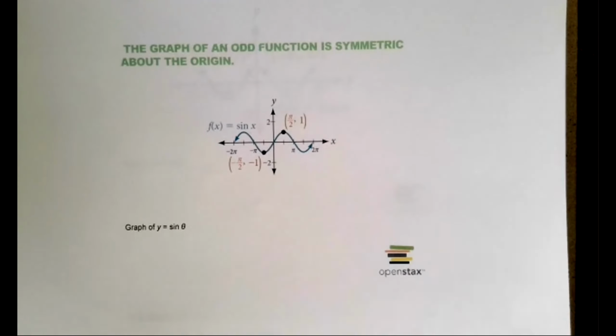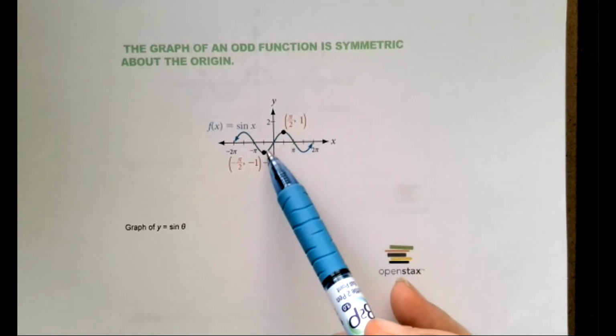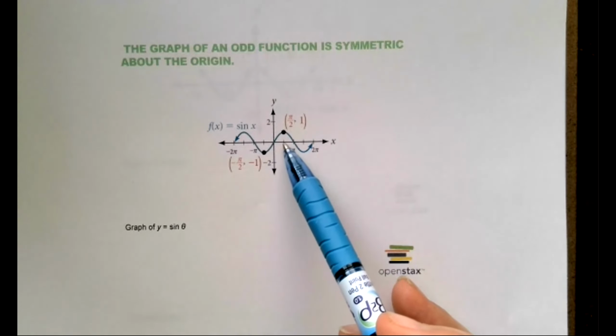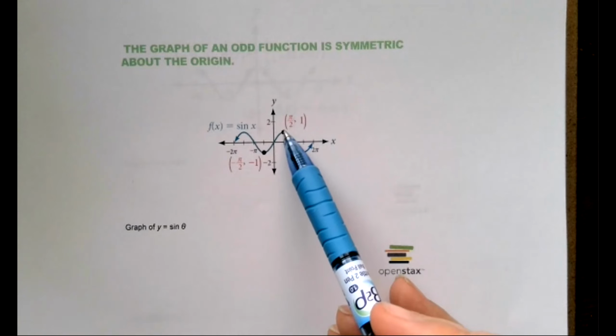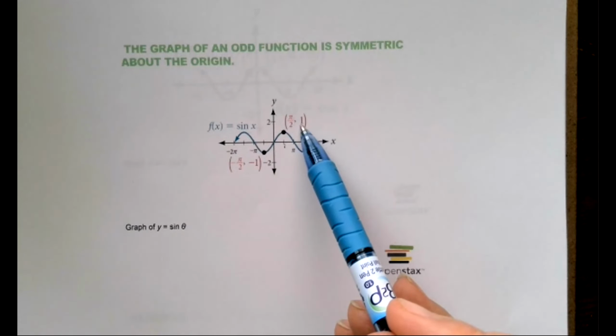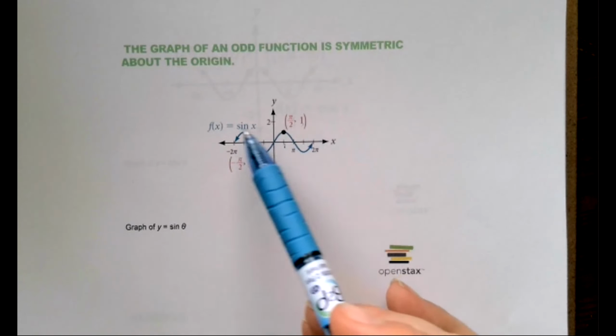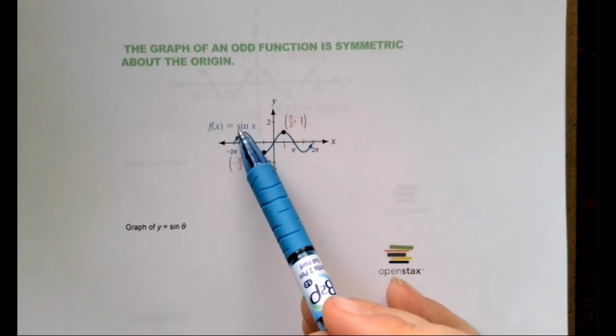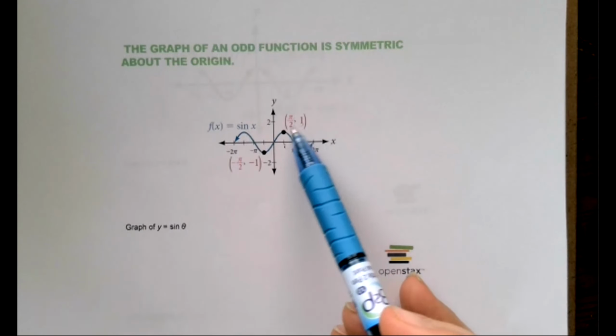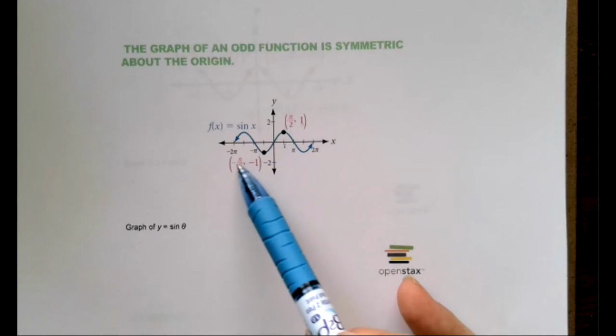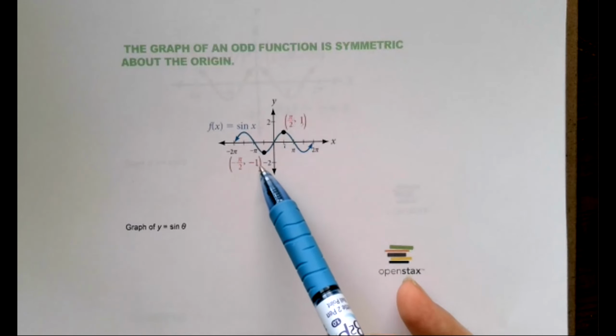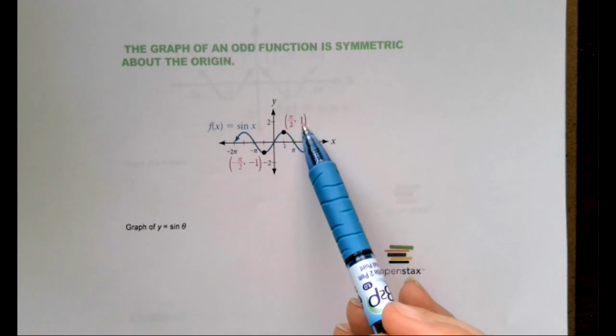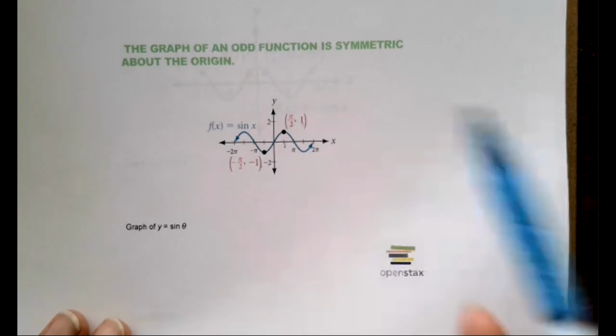What does that mean on the graph? So we see that here the input is pi over 2, so the output is positive 1 for the function sine of x. Now, if we change the input to negative pi over 2, the output becomes negative, right? So opposite input, opposite output.